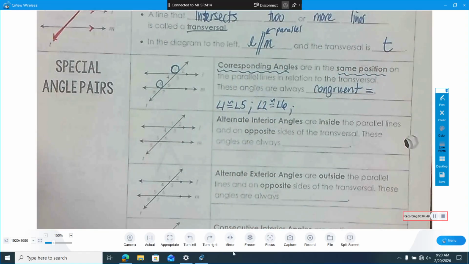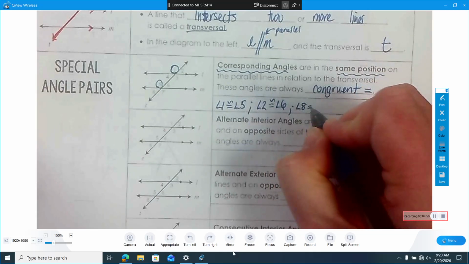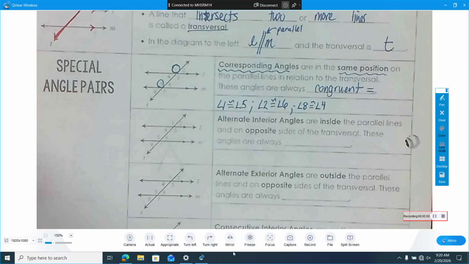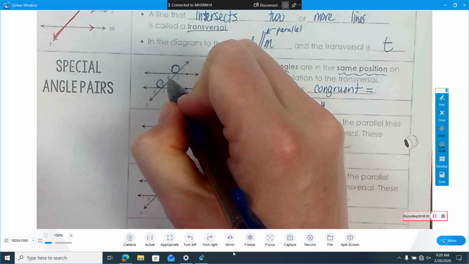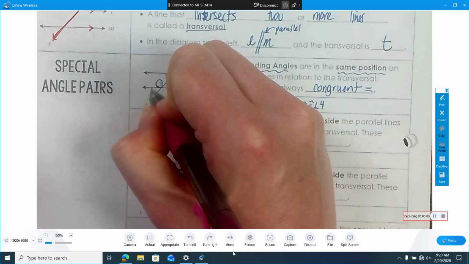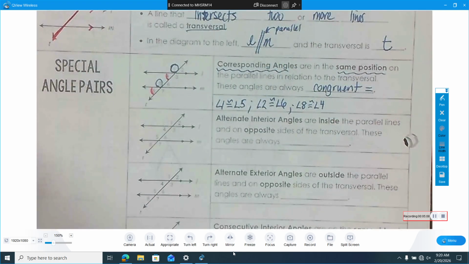Give me another pair in a similar position. 8 and 4, yes. Angle 8 is congruent to angle 4. They're in that lower left position. Do you see that? So 8 and 4, I'm going to color those, here's a 4 and 8. Those are both in that lower left position. All right, what's another pair of congruent angles? 3 and 7, yep.